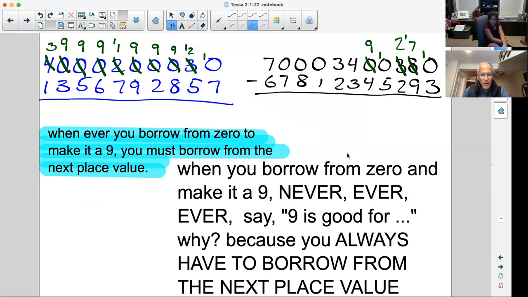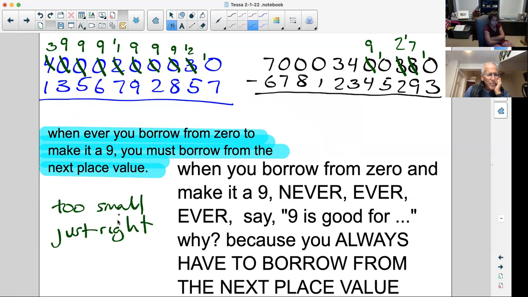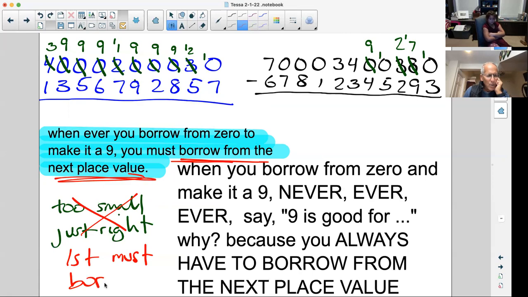Oh, now 4 is too small. No, Tessa, no. I don't want to hear too small. I don't want to hear just right. Because you first must borrow, Tessa, borrow from the next place value.